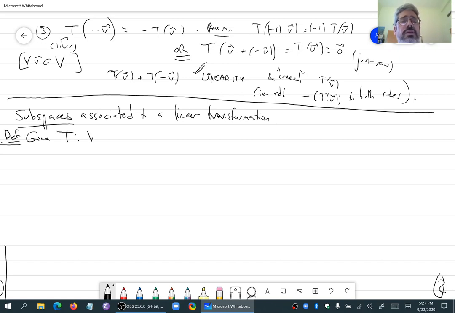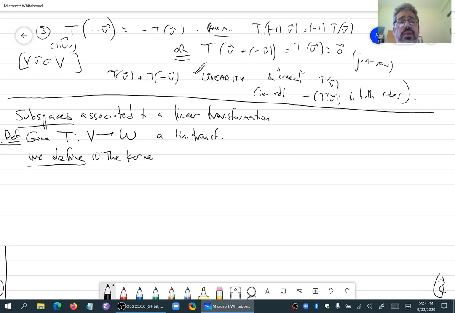Given T from V to W, a linear transformation. And when I say T is a linear transformation, in particular, V and W are vector spaces, okay? I mean, the word linear transformation includes the statement that the domain and the codomain are vector spaces. We define what right now are just two subspaces.